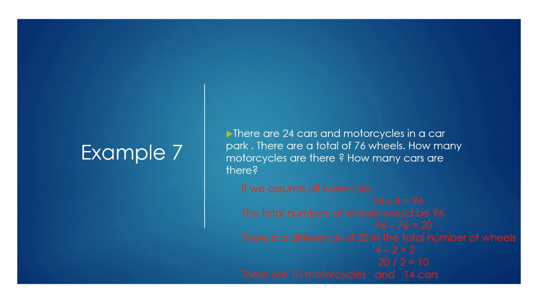There is a difference of 20 in the total number of wheels. 4 minus 2, 4 wheels for a car, minus 2 wheels of a motorcycle. Then 20 divided by 2 is equal to 10. So there are 10 motorcycles. 24 minus 10, there are 14 cars.